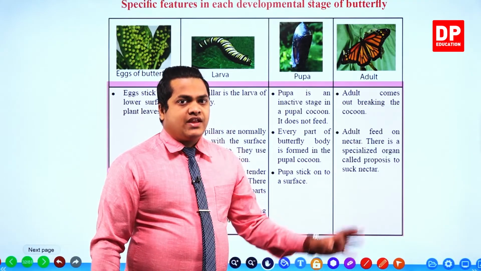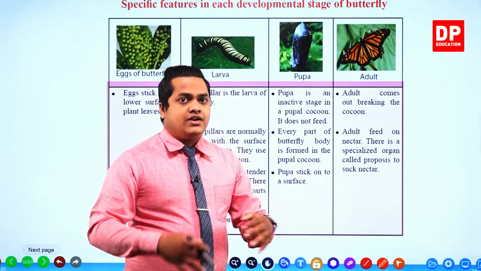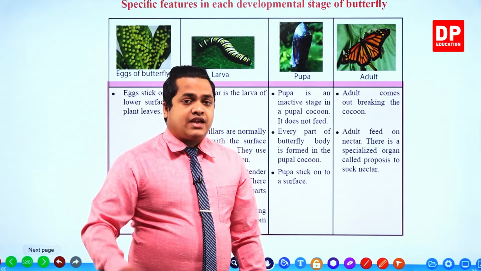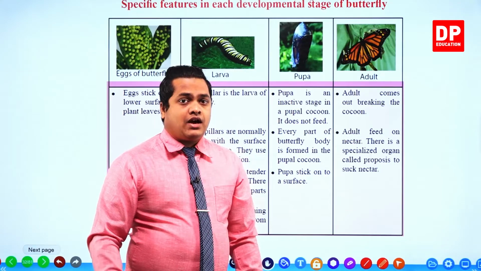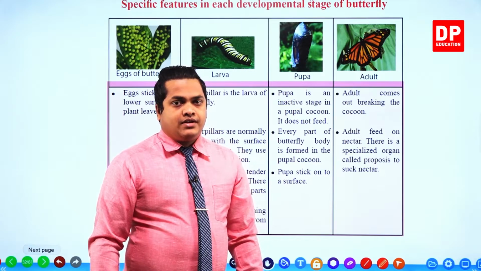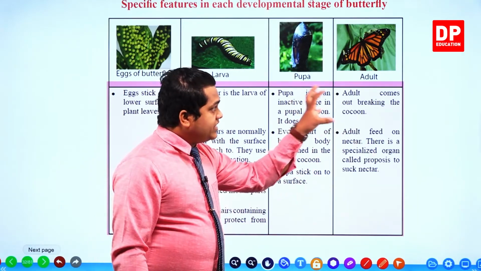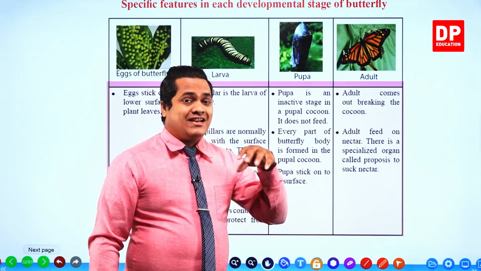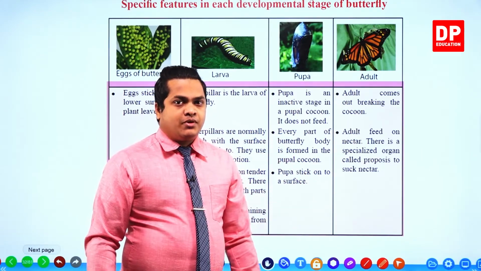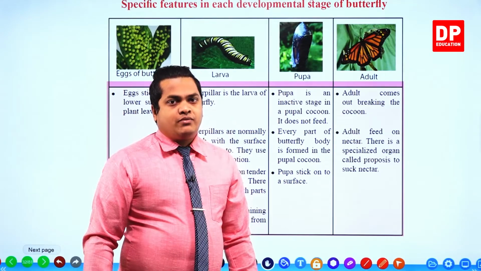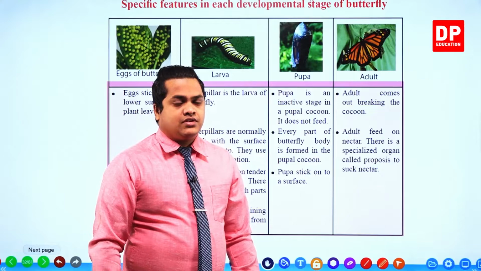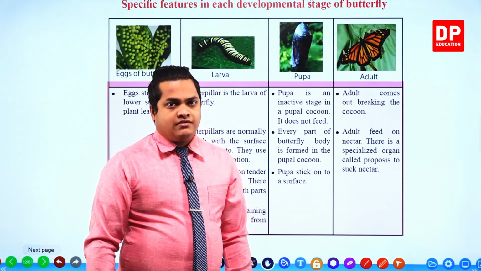And you can observe that the wings are not even developed in the caterpillar. Wings cannot be seen at all in the caterpillar, right? The adult butterfly is entirely developed within the cocoon stage or the pupal stage. So, my dear children, the caterpillar shows way more different features than the adult butterfly.